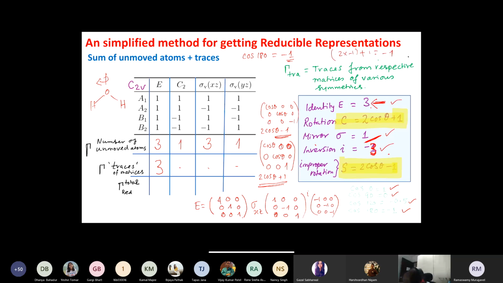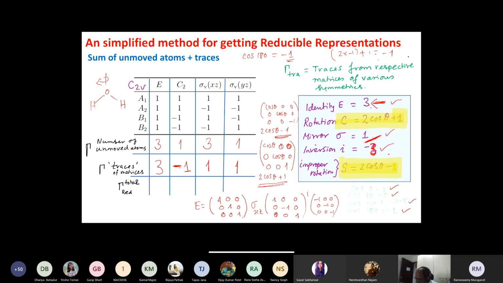So the trace of the matrix for C2 is minus 1. For sigma v, it's very easy. It's 1. Sigma v prime is again 1.